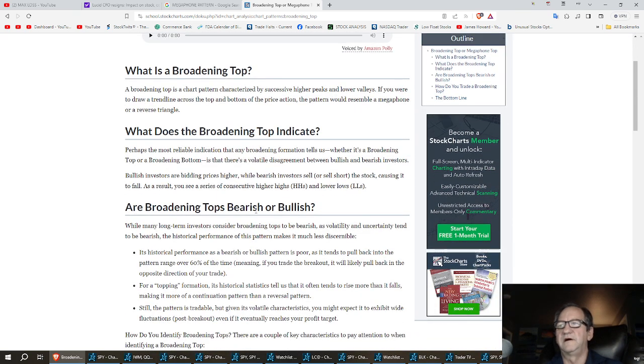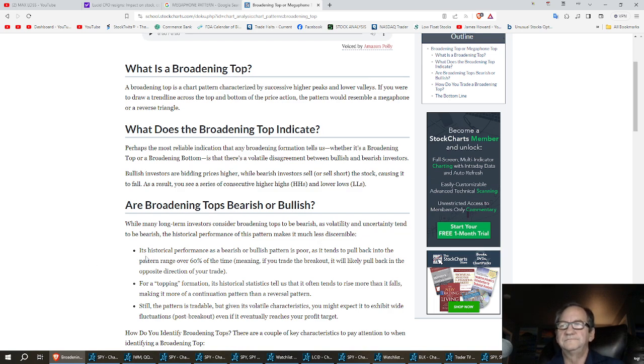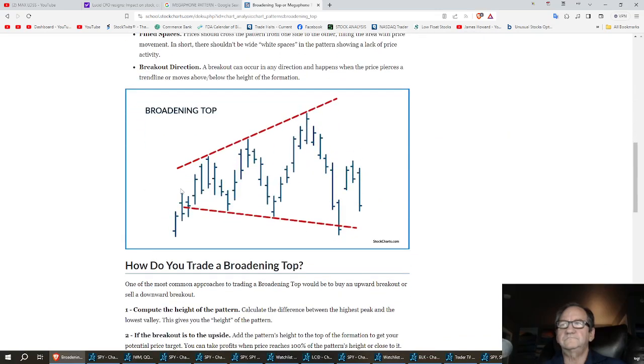The broadening tops, bearish or bullish? While the long-term investor considers broadening tops to be bearish, the volatility and uncertainty tend to be bearish. The historic performance of this pattern makes it more desirable. So you count to 3, and that's when you're going to think you're going to have the knife. That's when you want to start being cautious.